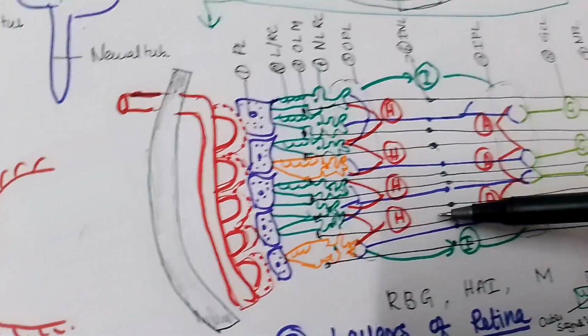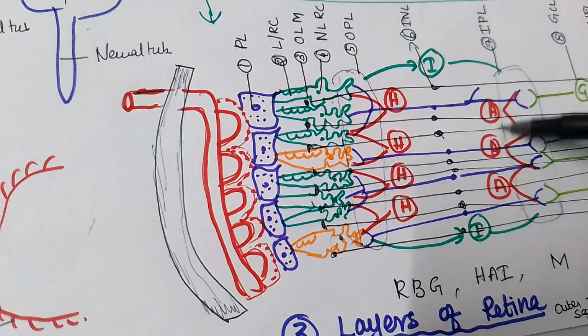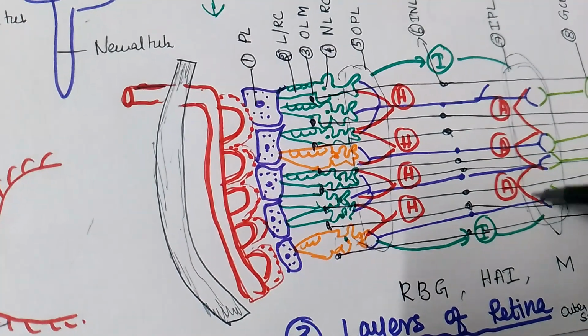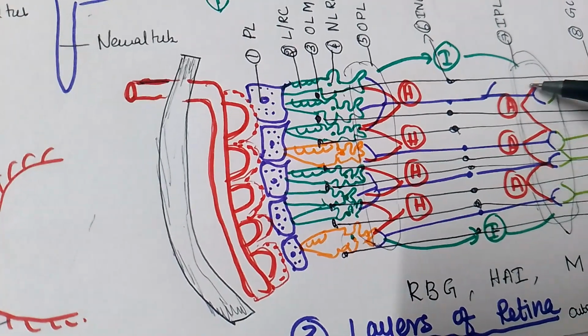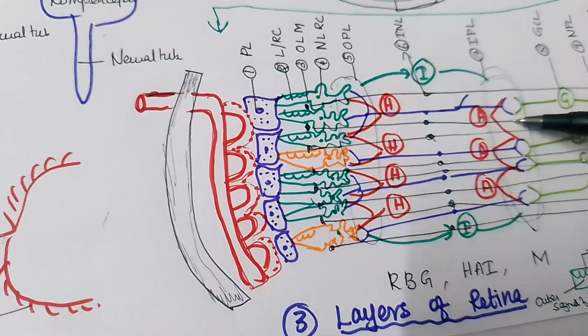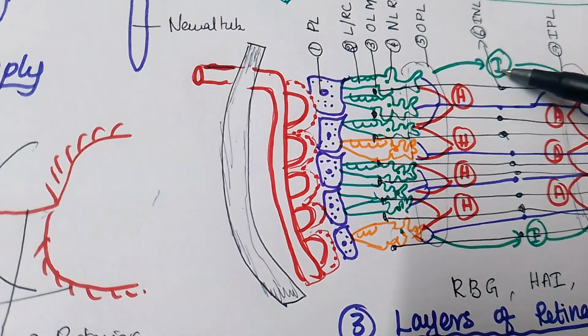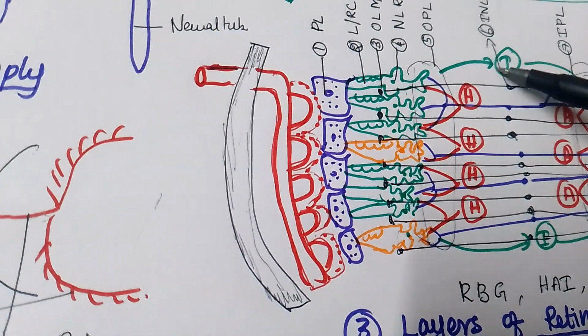In the same way, here many cells are connected together. This structure together is forming what is called the inner plexiform layer. Both the outer plexiform layer and the inner plexiform layer are connected by an inner connecting membrane.